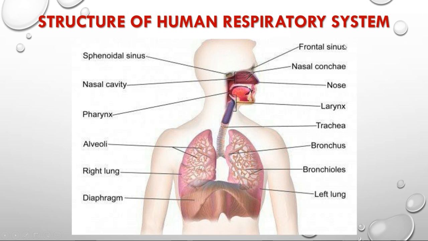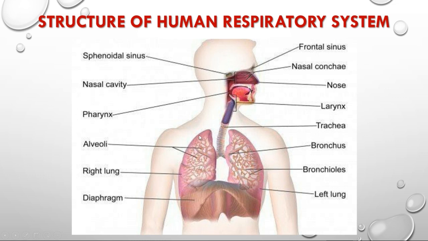This is the frontal sinus, then the nasal conchae, and then this is the nose, then the larynx, and this is the trachea and bronchus, and these are the bronchioles, the branches. This is the left lung, and this is the right lung.